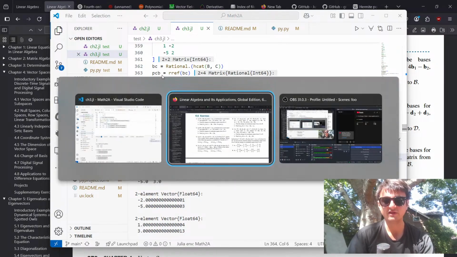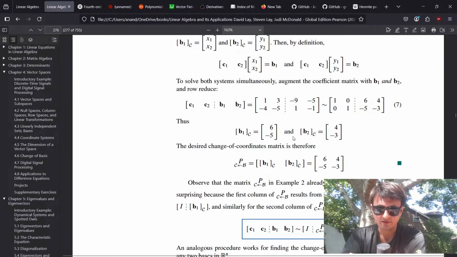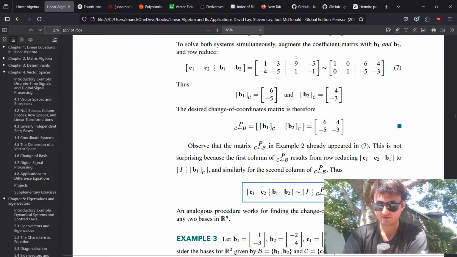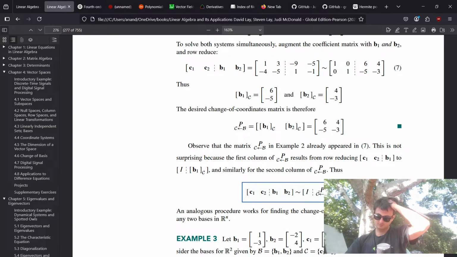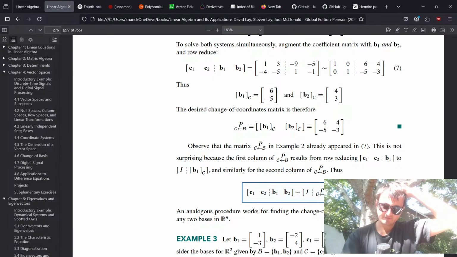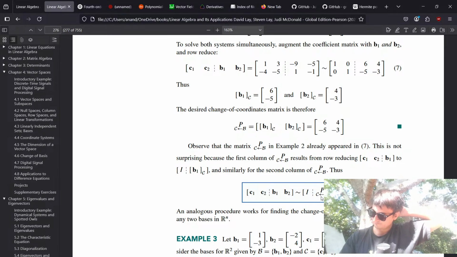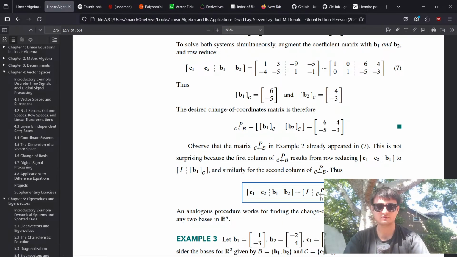I'm now ready to check because I feel like that is the actual answer. So if we go and look at this example, we have C to B. So what did I say? Wait, I'm so confused.